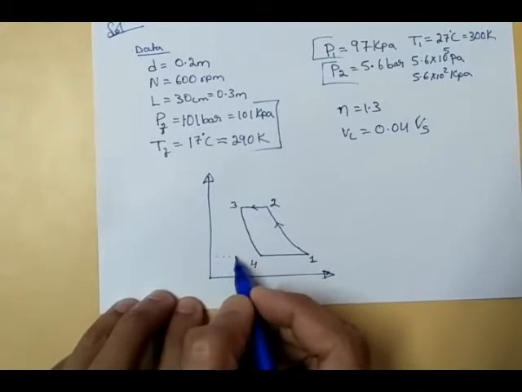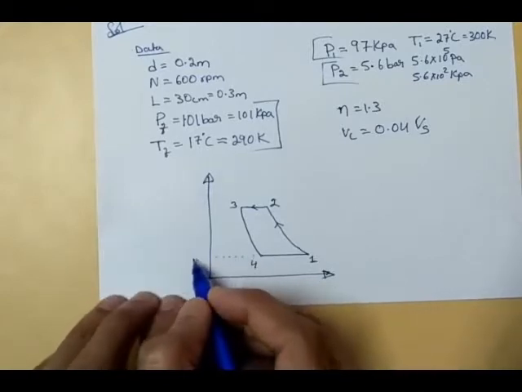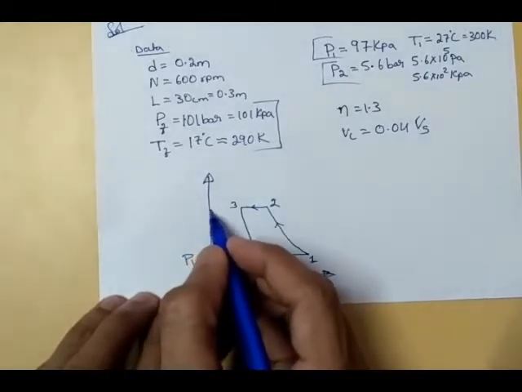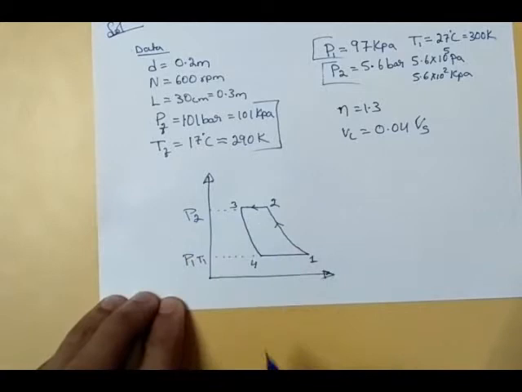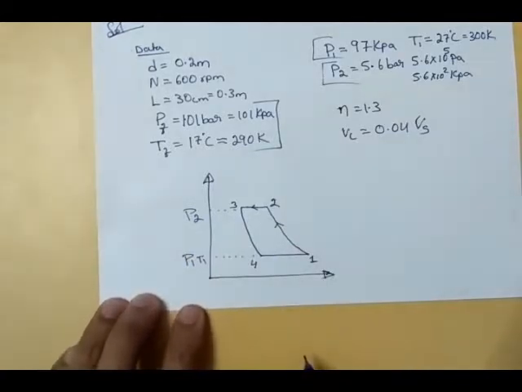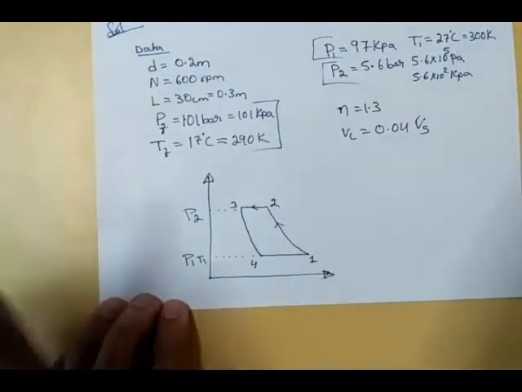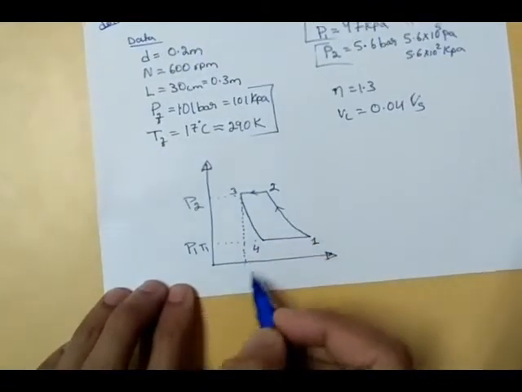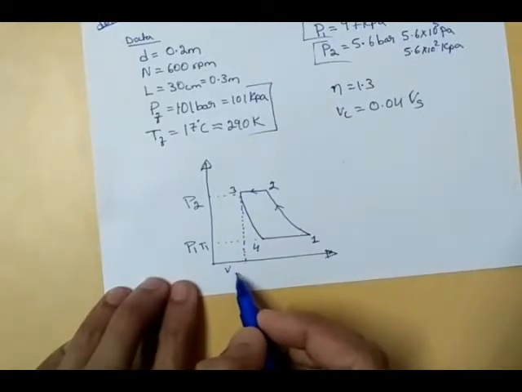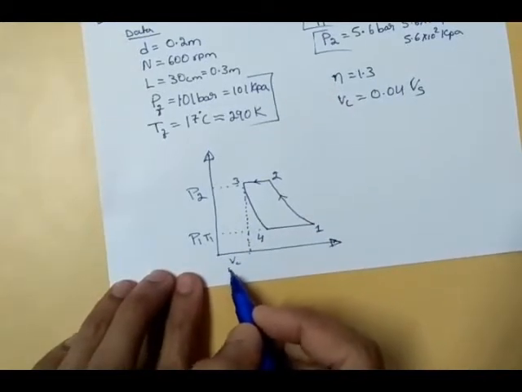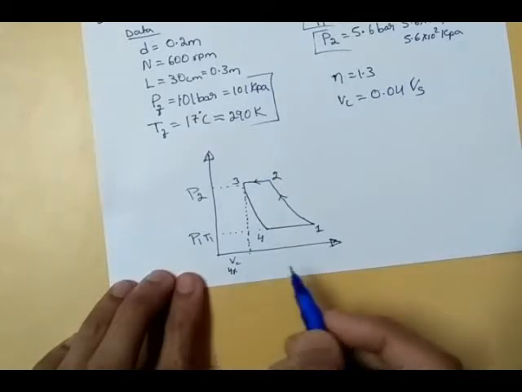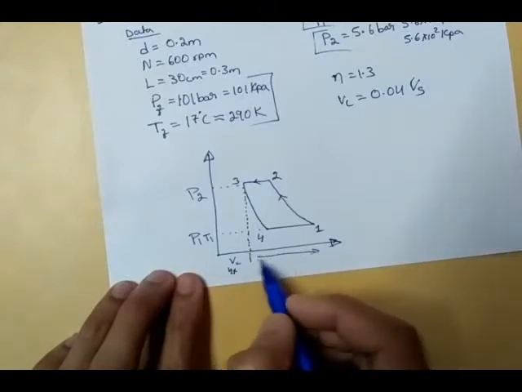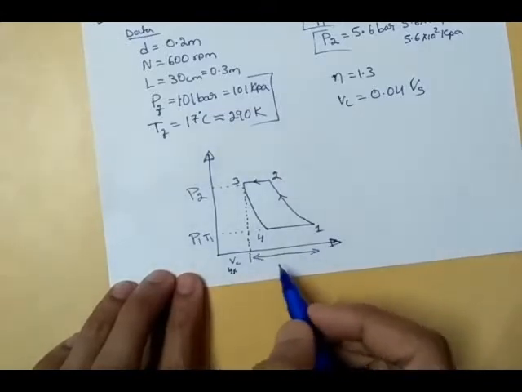And if I draw this, P1, T1, this is P2. So now they have given this vertical distance, which is Vc, clearance volume, is 4% of this total length, that is stroke volume.